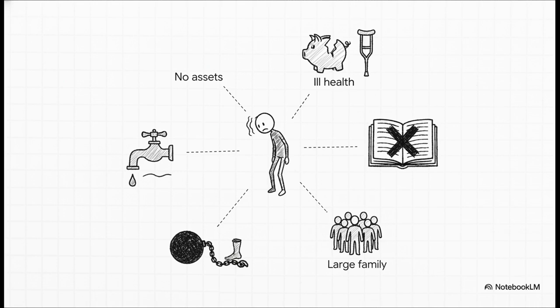Next, there is a distinct lack of basic literacy and skills, which effectively locks people out of better opportunities. Then you've got a total lack of basic amenities. We're talking no safe drinking water and no electricity. Add to that the reality of large family sizes, which just stretches already incredibly thin resources to the breaking point. And finally, because of all these overlapping factors, the poor are often forced into high-interest borrowing from local moneylenders, dropping them straight into vicious, unbreakable debt traps.